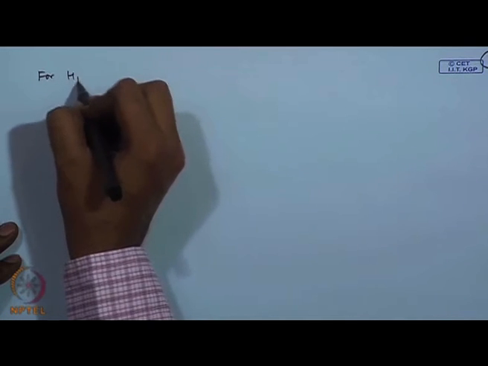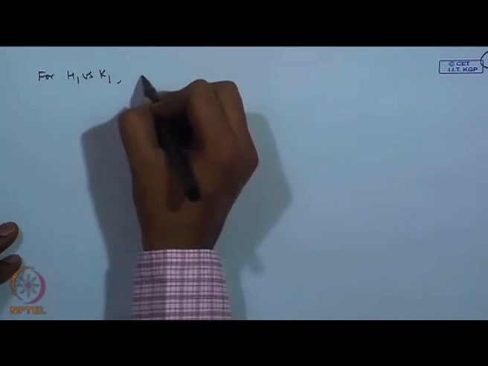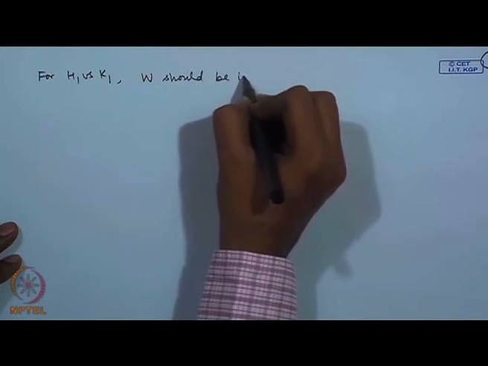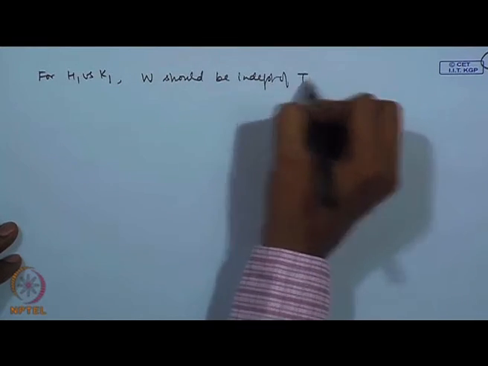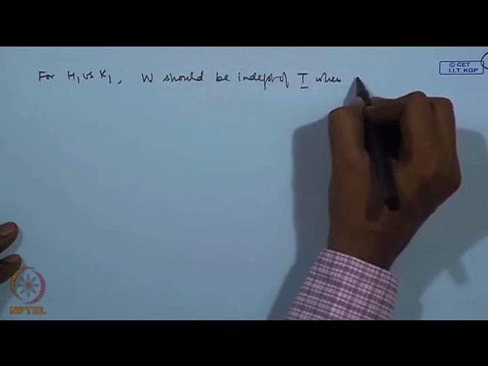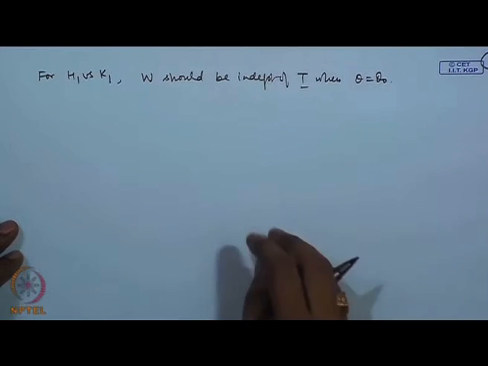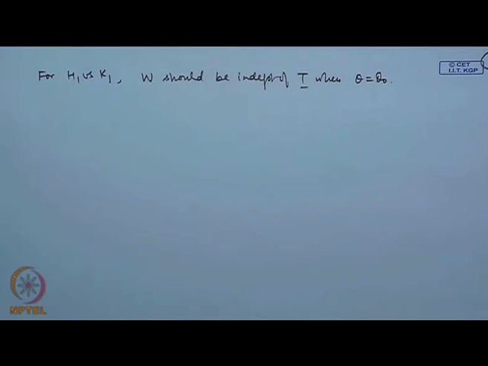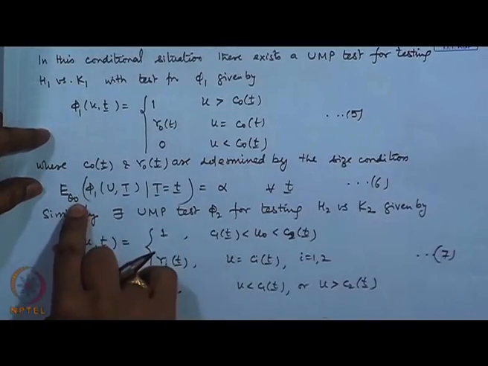Now, the conditions that we need to impose are as follows. For H1 versus K1, w should be independent of t when theta is equal to theta naught. Remember here for the hypothesis H1, the condition was based on theta naught. If you remember the exact condition, let me recollect from yesterday's lecture, expectation at theta naught here.